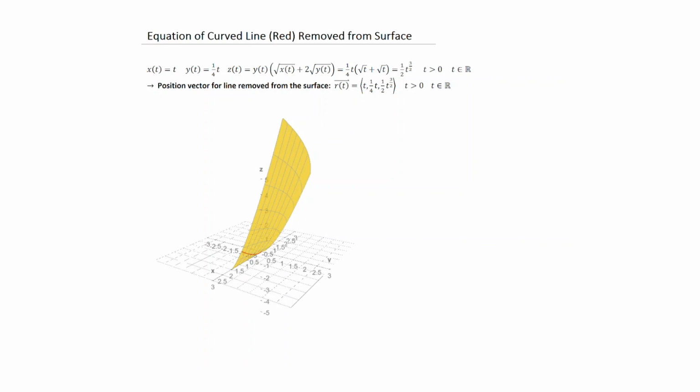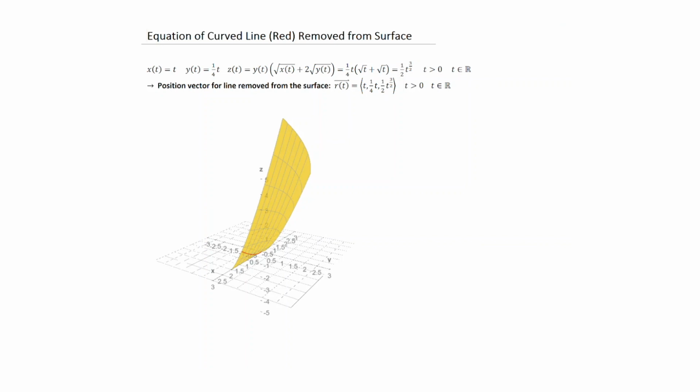So there's x of t equals t. Y of t is equal to 1/4 t, because it's the line we're interested in. And then substituting x and y in for the equation for z, you end up with the expression shown there. And then after some simplification, we end up with 1/2 t to the power 3/2. And t has to be greater than 0, again, because of constraints on x and y.